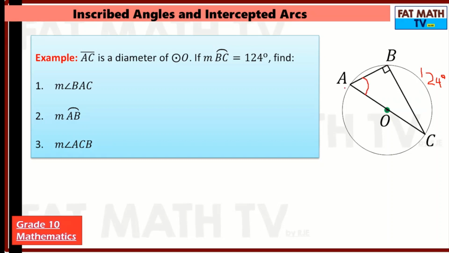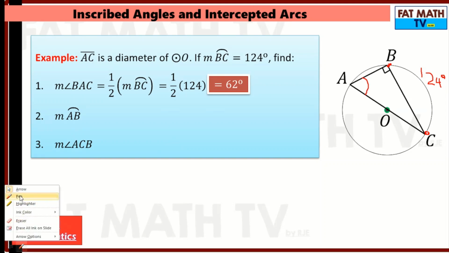So BAC here is an inscribed angle intercepting 124, so that's half of 124. Because here the endpoints are here. So half of 124 is 62. So measure of angle BAC is 62 degrees.